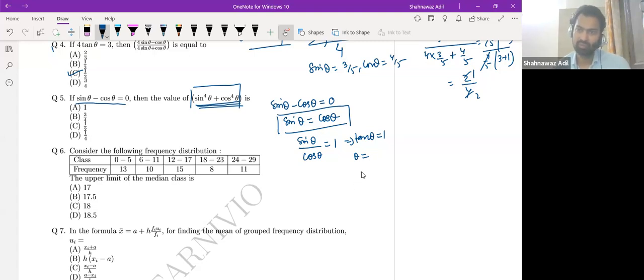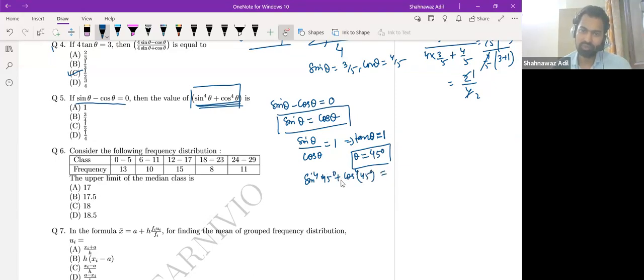Theta, the angle. At what value? 45 degrees, right? 45. So we have to calculate sine 4 of 45 plus cos 4 of 45, right?